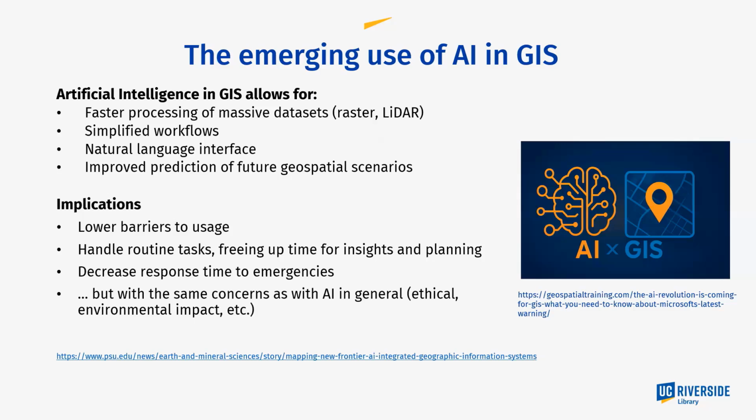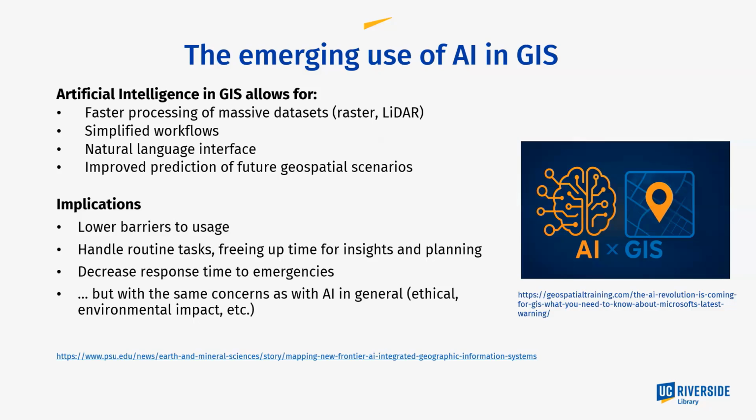And then another option is it will probably improve the prediction of future geospatial scenarios, which is super critical on things like maybe wildfire behavior or again, climate impacts, things like that. So it will really expand the capabilities.